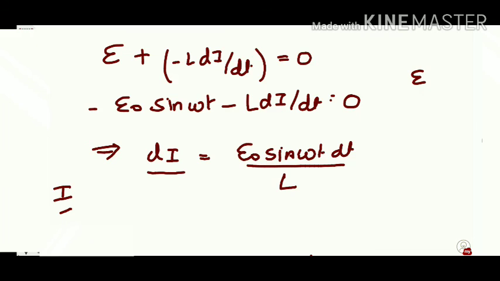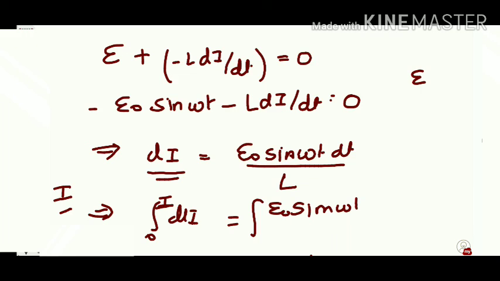So if di is given, you can find the current by integrating it, right? So by integrating both sides, it will be integral 0 to I of di, so I is equal to the integral of epsilon naught sine omega t dt, whole divided by L.